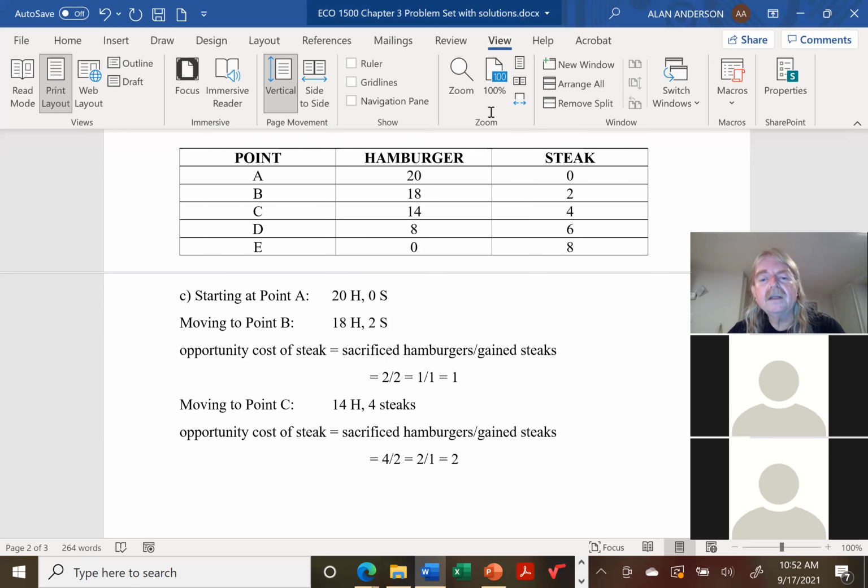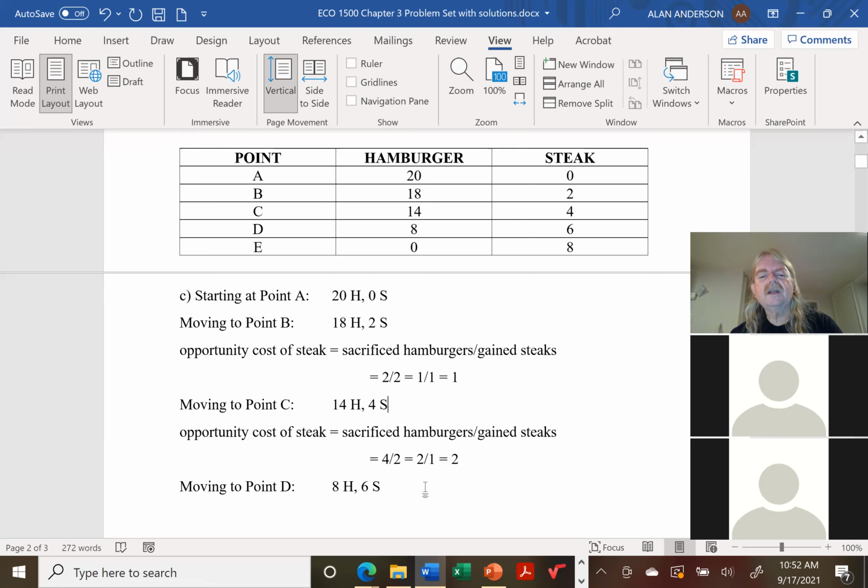So already you can see it's going up. As we go from A to B, the opportunity cost is 1. From B to C, it goes up to 2. And it will continue to rise because of the shape of the production possibilities frontier. So at D, we have 8 hamburgers with 6 steaks. Oh, this was supposed to be an S, sorry.